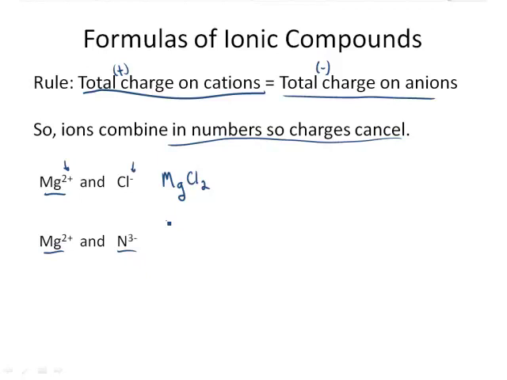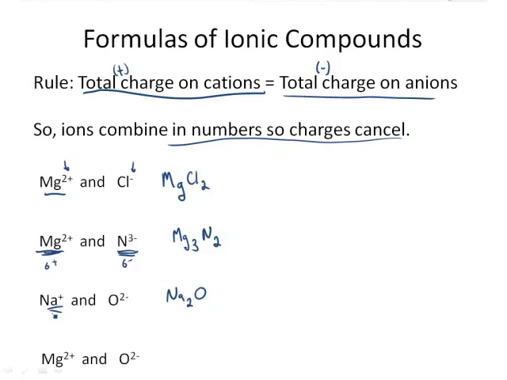So you're going to have 3 magnesiums, Mg3, N2, because the two nitride ions add up to 6 minus. The 3 magnesiums will add up to 6 plus. Na plus and O2 minus, in this case you'll need 2 sodiums for each oxygen, because the sodiums are +1 each.